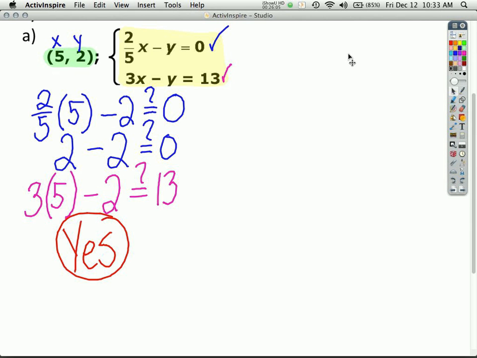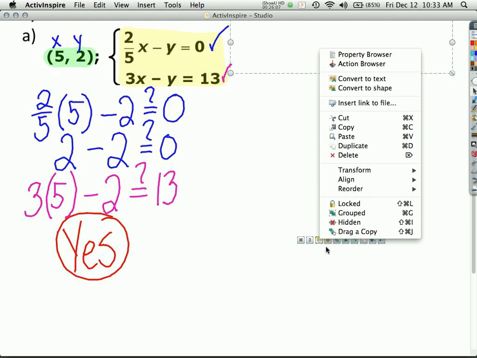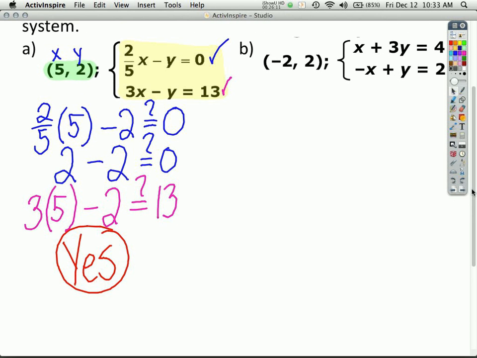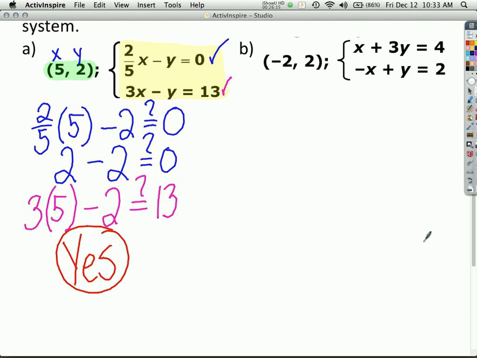So let's do it again and make sure we understand. Let's look at part B. We do the same thing. Let's check.